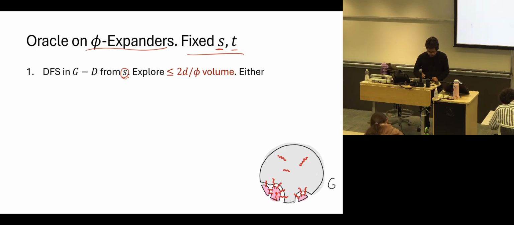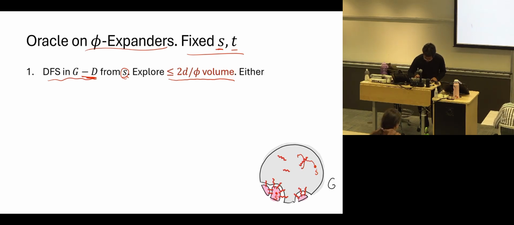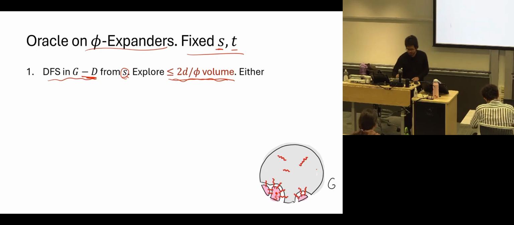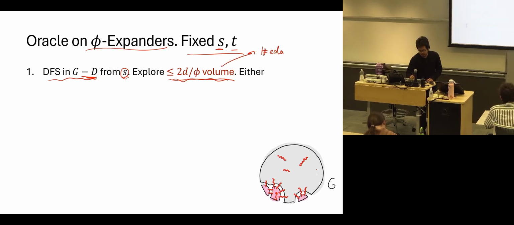What I'm going to do is just do DFS in the graph after deleting D. I'm going to explore this much volume, meaning you can think of volume here as the number of edges visited so far.